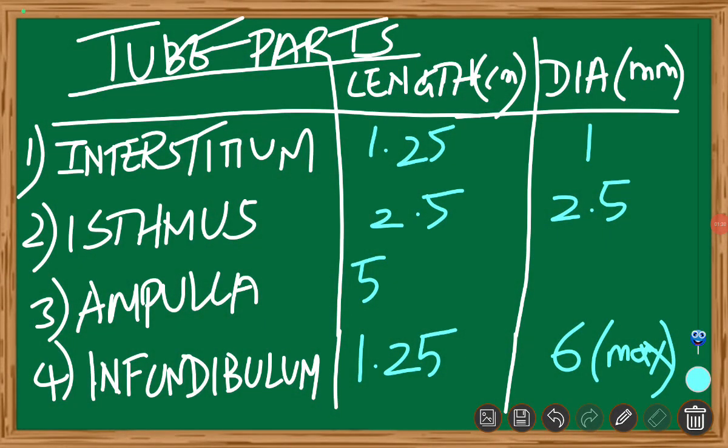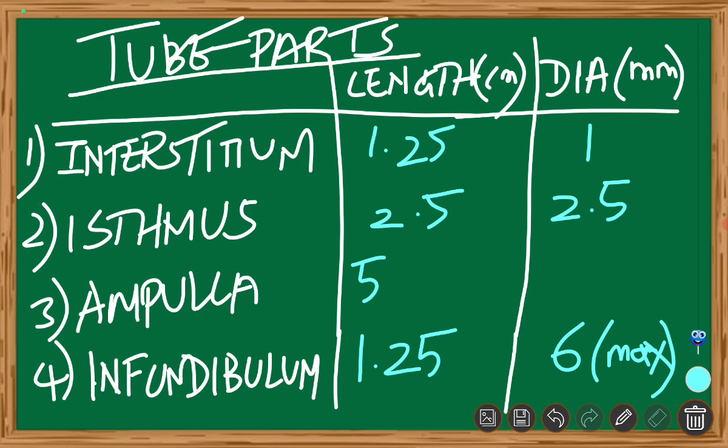Parts of the fallopian tube. The fallopian tube contains four parts, that is the interstitial or intramural part, isthmus, ampulla, and infundibulum. The interstitial part lies in the uterine wall, and it measures 1.25 centimeters in length and 1 millimeter in diameter.